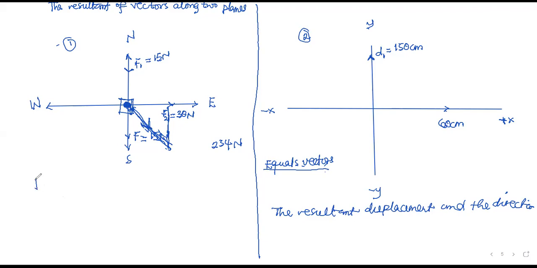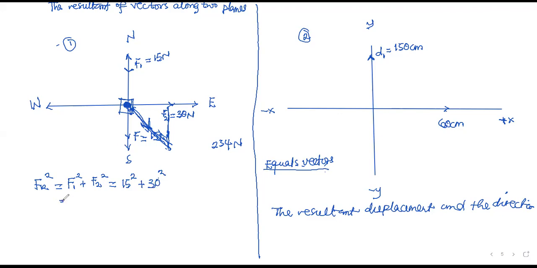So F resultant squared will be equal to F1 squared plus F2 squared. F1 is 15 Newton. So 15 squared plus 30 squared.